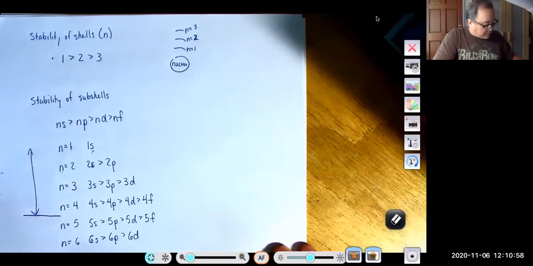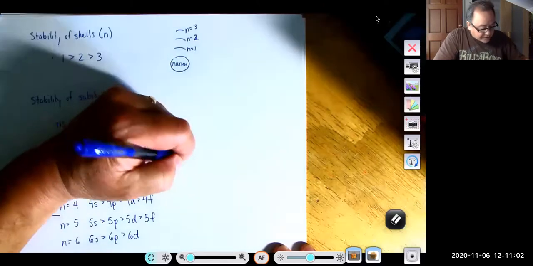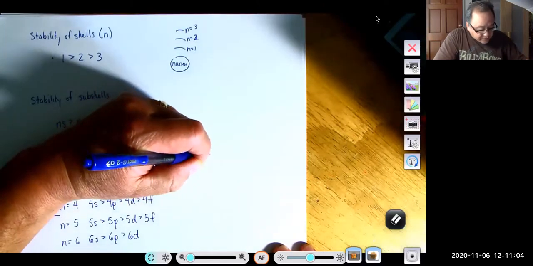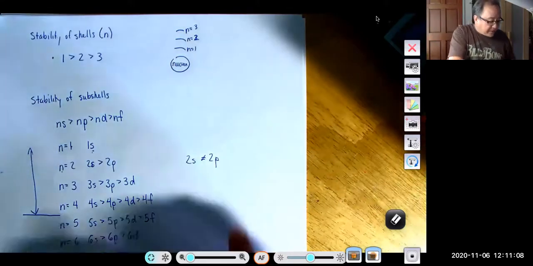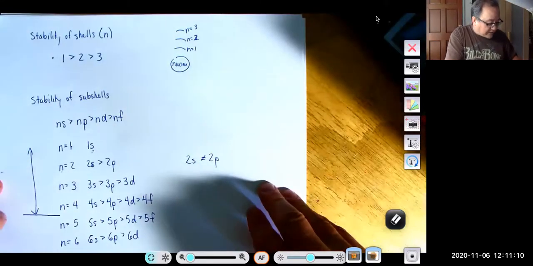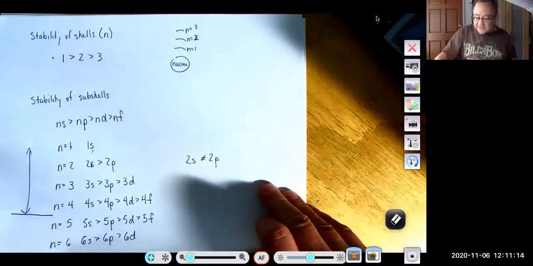Now, the reason that these are not equal, so 2s technically could be equal to 2p because they're both in the second shell. There's a reason that they're not equal and why the 2s is more stable than the 2p. So I'm going to explain that to you very briefly. You should read about it in the book, but it has to do with something called effective nuclear charge.